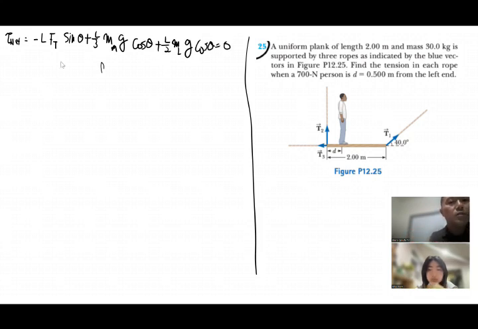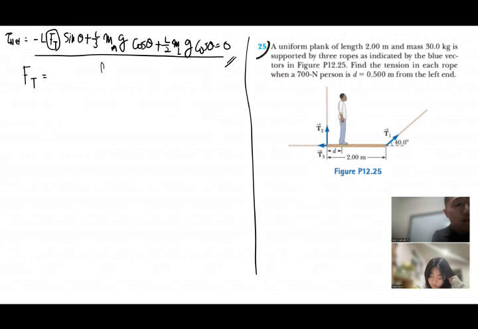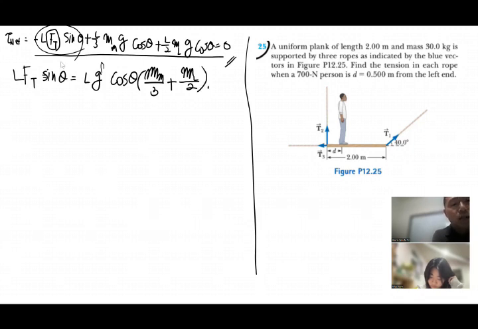If you rearrange this formula in terms of Ft, because that is what we have to find, the first term moves to the right hand side: L Ft sine theta equals L g cosine theta times the mass of the monkey divided by 3 plus the mass of the ladder over 2. Now L exists on both sides, so it can be canceled out.